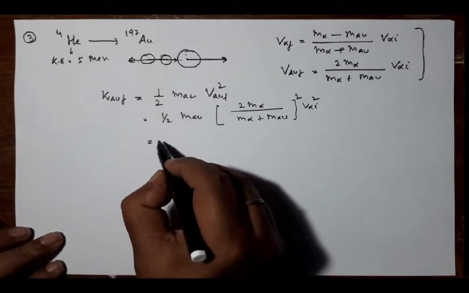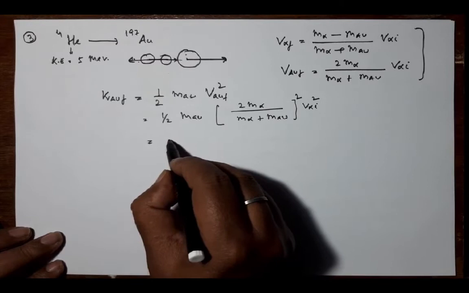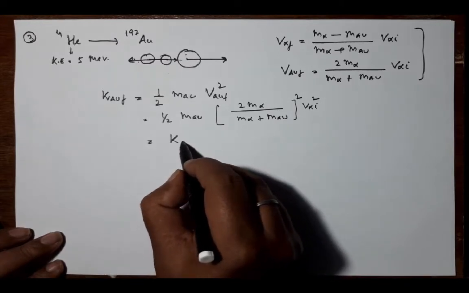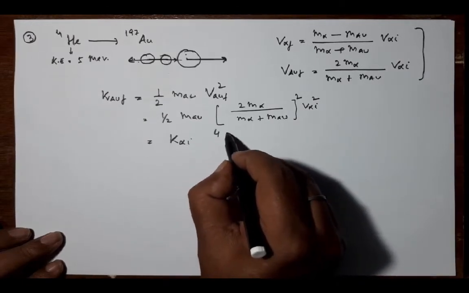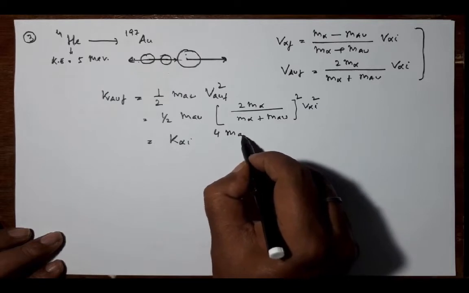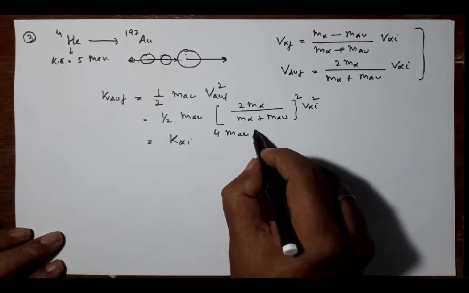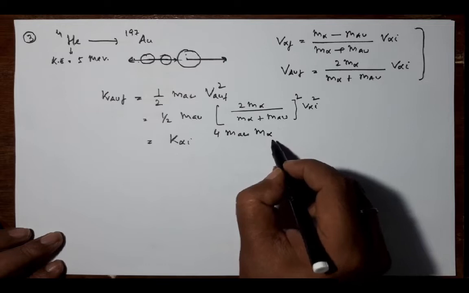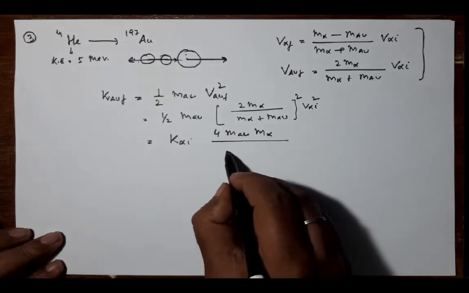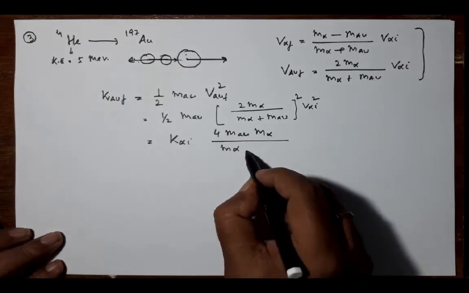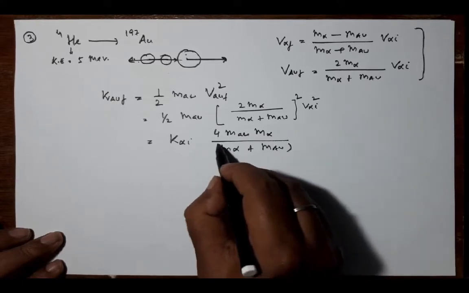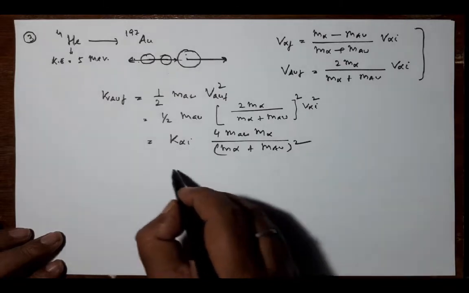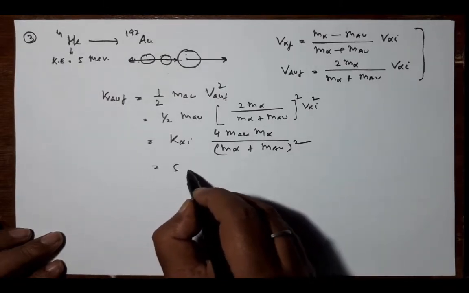This can again be simplified as K alpha I times 4 M AU M alpha divided by (M alpha plus M AU) whole square. Here we can put our values.